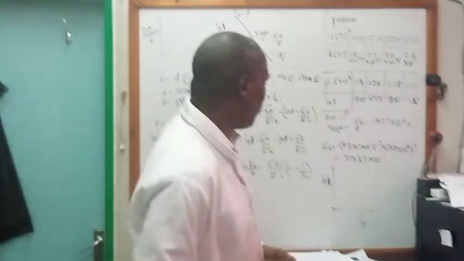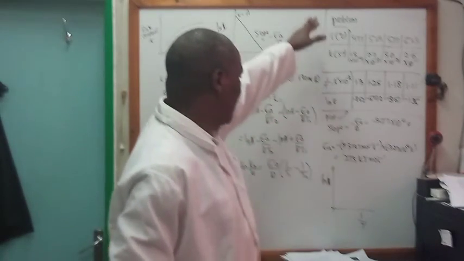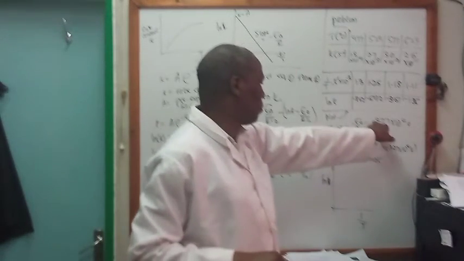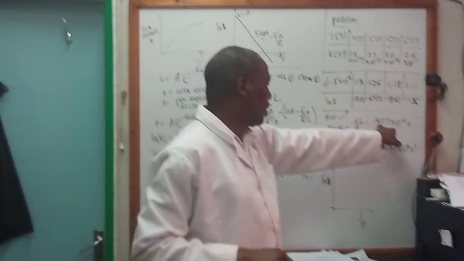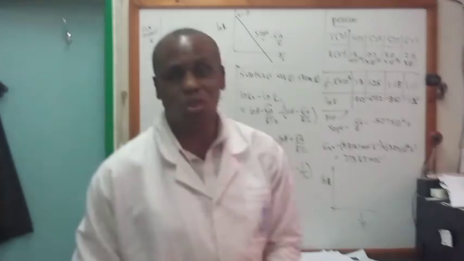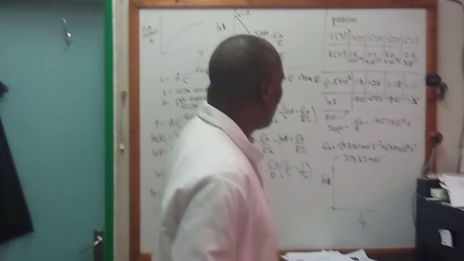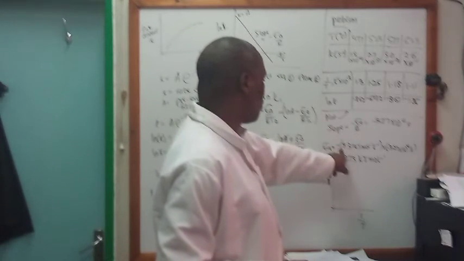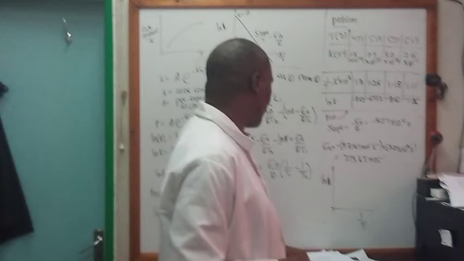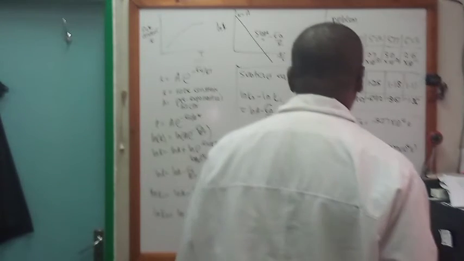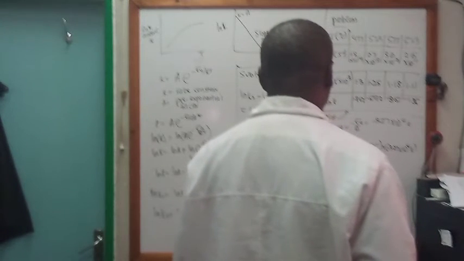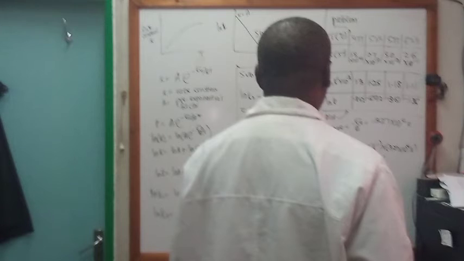So if you're going to plot there, then the slope will be minus 3.27 times 10 to the power 4.